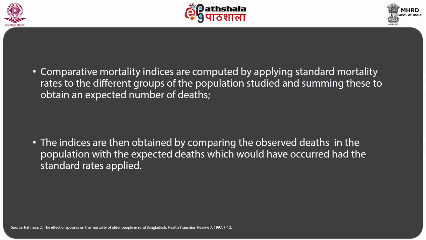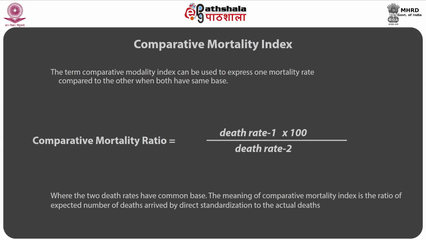Comparative mortality indices are computed by applying standard mortality rate to the different groups of population studied and summing these to obtain an expected number of deaths. The indices are then obtained by comparing the observed deaths in population with expected deaths which would have occurred had the standard rates applied.